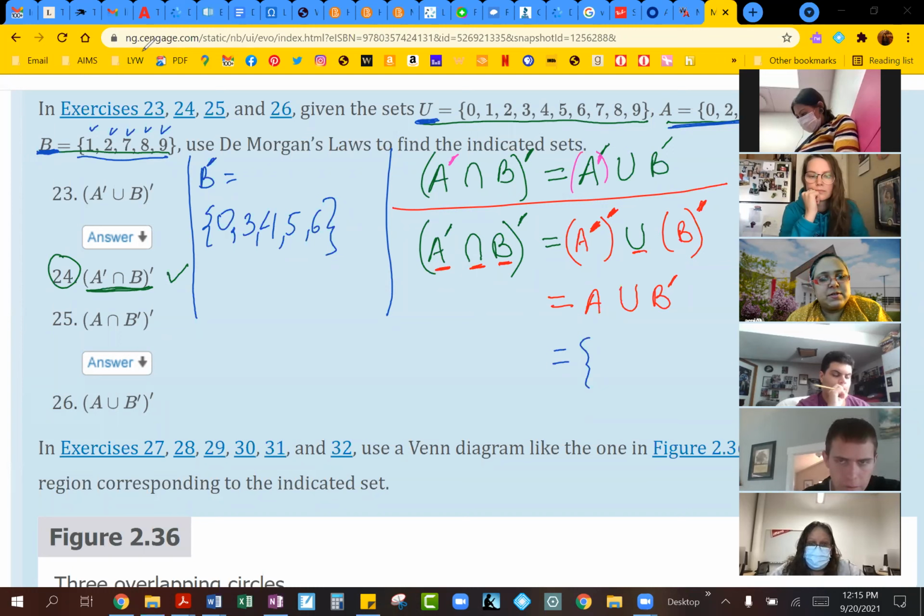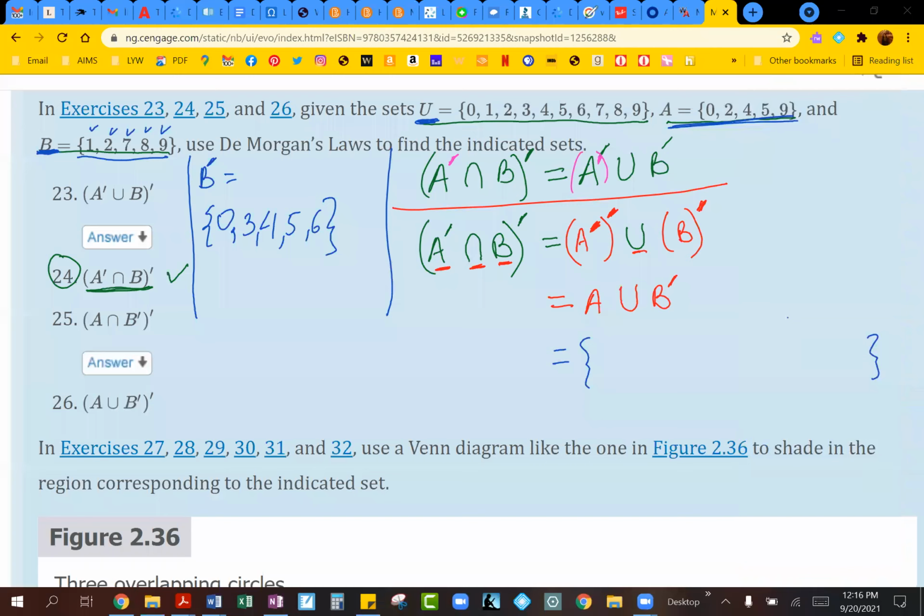Okay, go ahead, send your answers through. 0, 4, 5. I've got 0, 2, 3, 4, 5, 6, 9 from Logan. Okay. So remember, you're doing a union over here. And like I said, if it helps, go ahead and write down the set A again, so you can have them right next to each other.